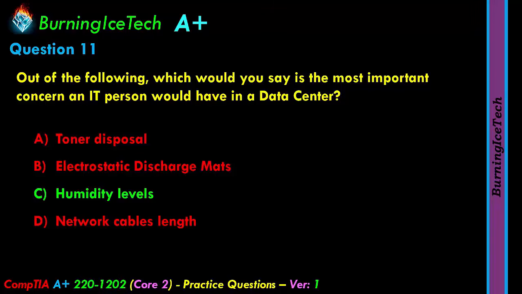Because if the humidity is too high, condensation will take place. And as you can imagine, water droplets forming on circuit boards and stuff in a data center is definitely the last thing you want. That's going to cause a short circuit to take place and things are going to break. Definitely do not want that. If humidity is too low though, then the air is going to be very dry and static will take place.